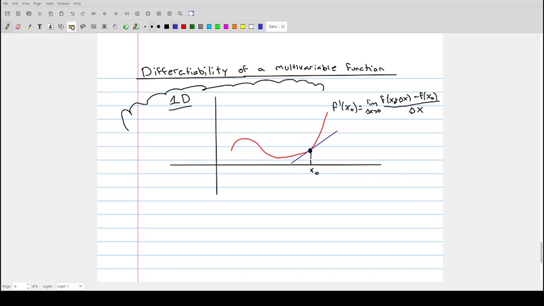It's the tangent line of the function, which is the function L of x, which is f of x naught plus f prime at x naught times x minus x naught.